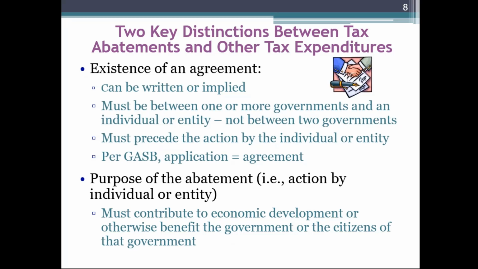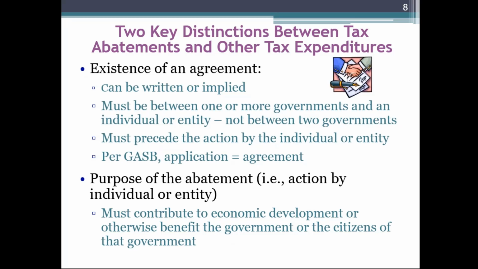And one of the things in talking with GASB about this is that just living on the property after the application is not enough to be considered an action. So, for example, a homestead tax credit is not a tax abatement under this standard.